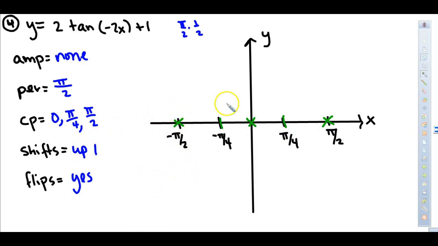Now, this has a shift up 1. So all of my points are going to go up 1. And of course, asymptotes cannot be shifted upwards, so they're just going to stay where they're at. And since we have a flip, we are going to make this a decreasing function.